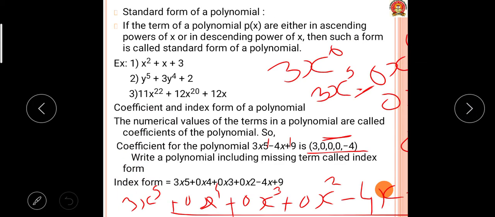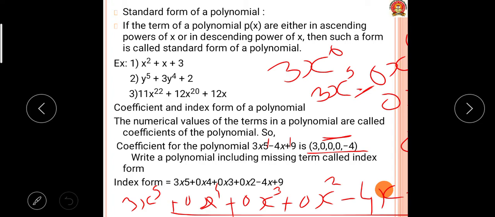Standard form means whatever terms are there in the given polynomial, you have to write in descending or ascending power of the variable. Coefficient means firstly write down all the terms.